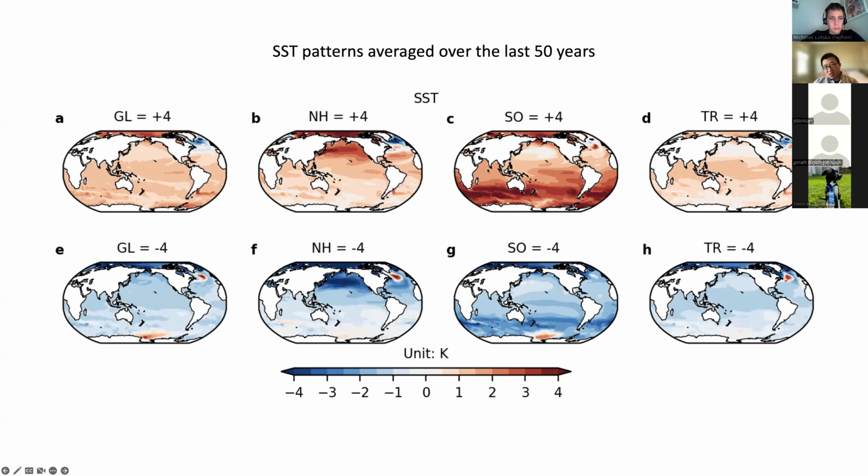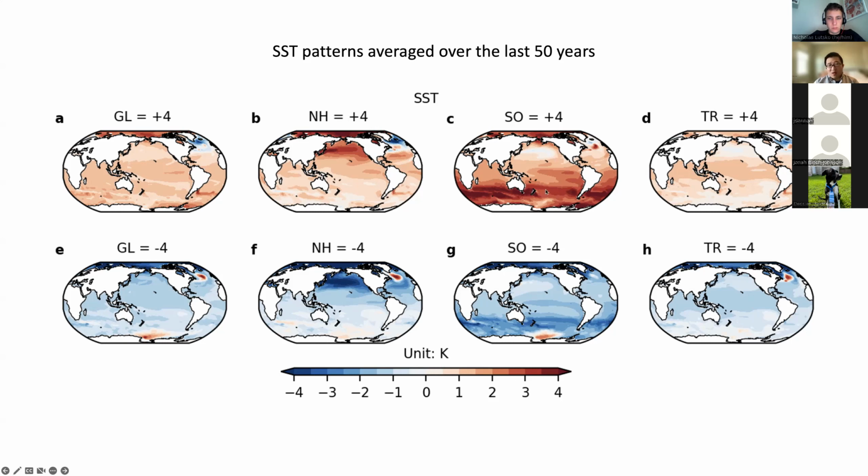When it comes to the Southern Ocean, we found it surprising that very large warming appears over the Southern Ocean. Also, you can see that there is warming in the tropical Eastern Pacific and tropical Atlantic, and also some Arctic warming.